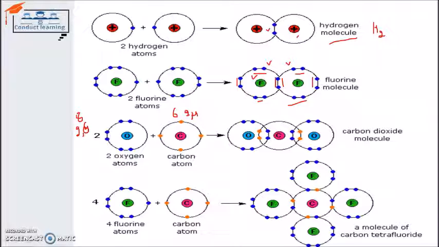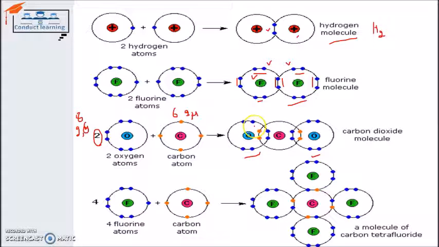So how will they form CO2, that is carbon dioxide? Here we are using 2 atoms of oxygen. That means oxygen will share its 2 electrons with the carbon atom on both sides, one atom this side and one atom this side. You can see the carbon is sharing its 2 electrons with this oxygen's 2 electrons.